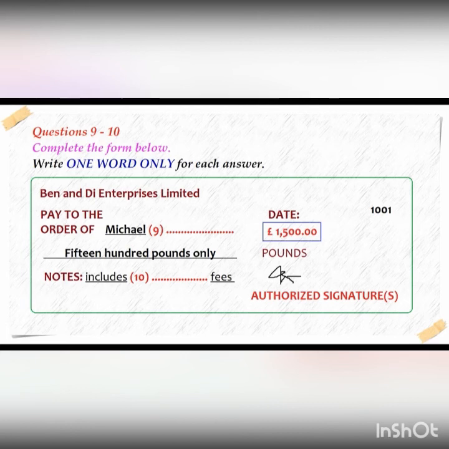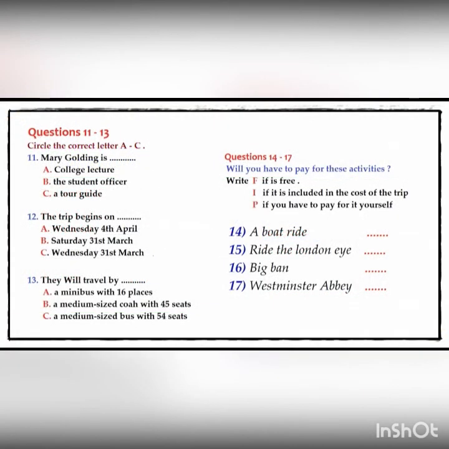That is the end of Part 1. You now have half a minute to check your answers. Now turn to Part 2. Part 2. You'll hear a monologue about a guided tour to London.